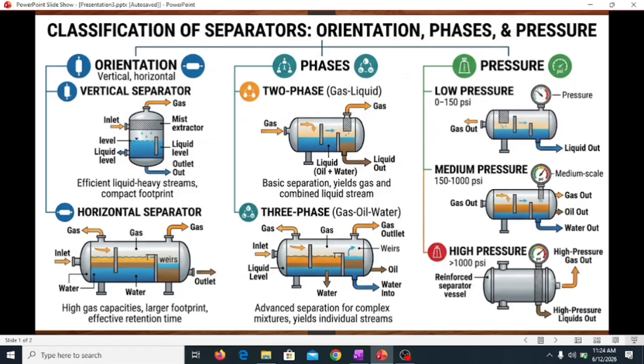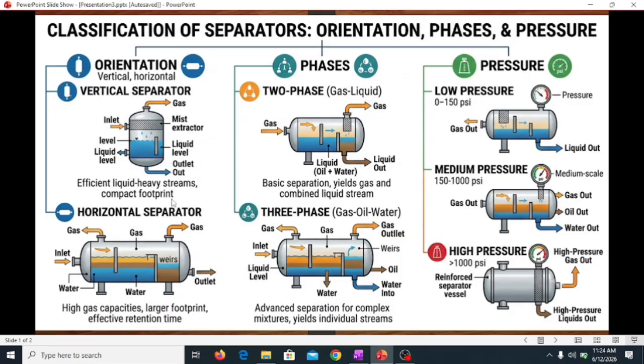So today we'll consider when to use a vertical separator and when to use a horizontal separator. When you see a vertical separator in any industry, the question to ask is: why do we use a vertical separator in this place? Why don't we use a horizontal separator? And when you see a horizontal separator, you ask why we use a horizontal separator in this section.